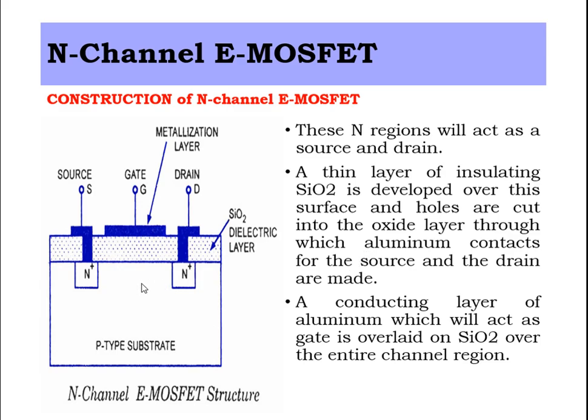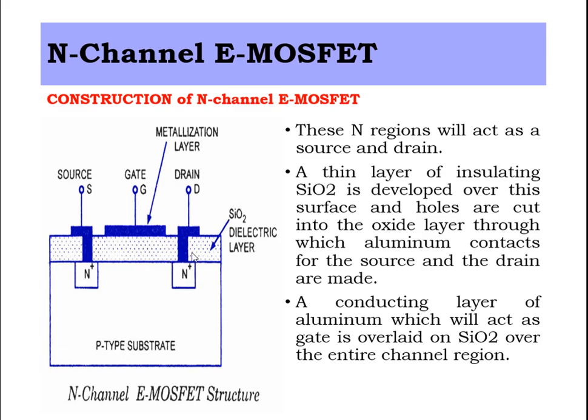In case of an eMOSFET, that is the enhancement type of MOSFET, initially during the fabrication process there is an absence of the channel. The channel can be created depending upon the gate source voltage we apply. Because it is an N-channel MOSFET, we have a P-type substrate with two N plus regions.